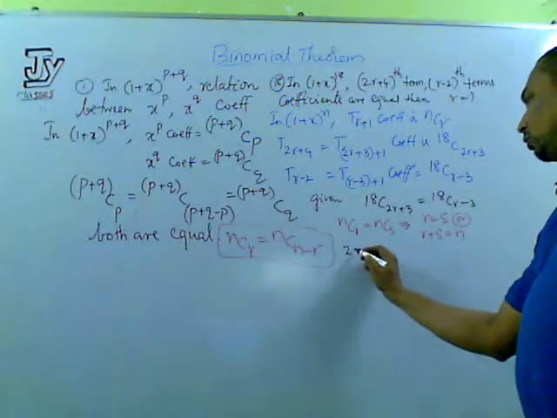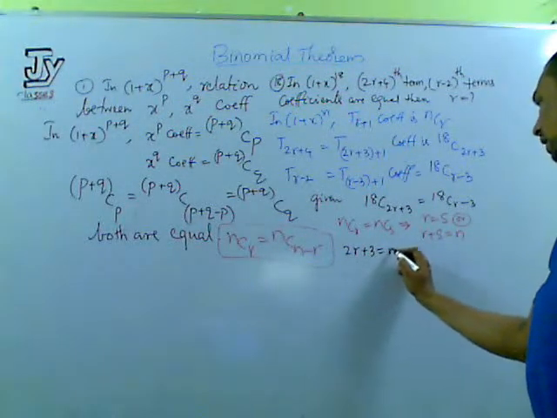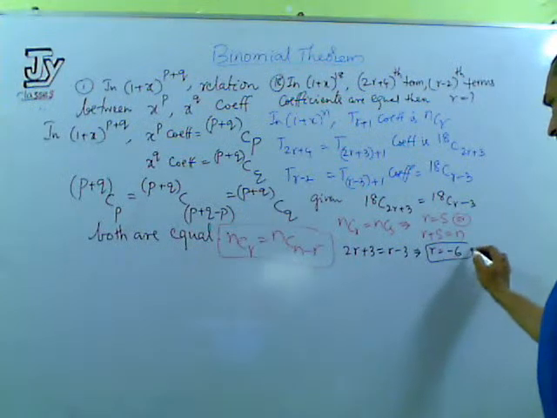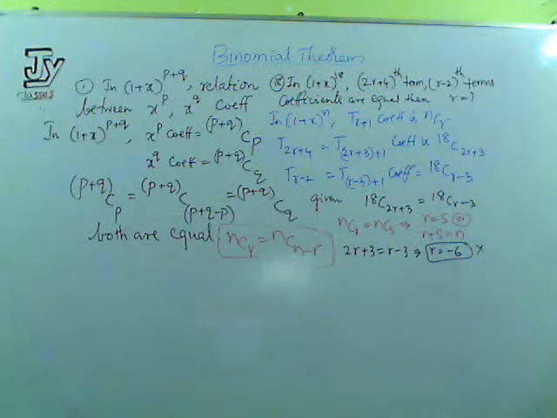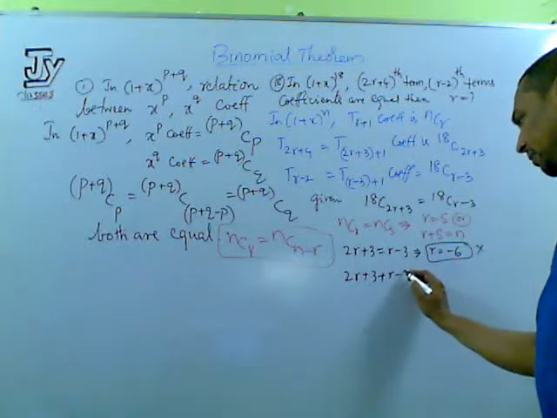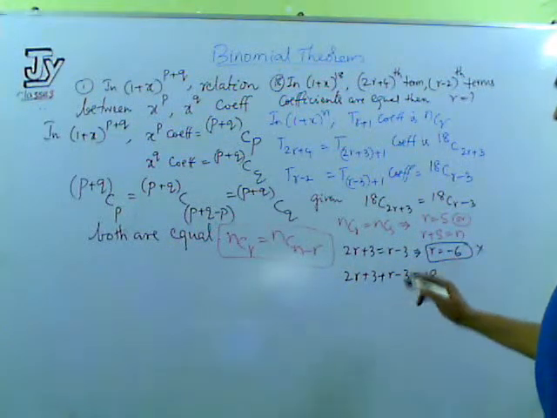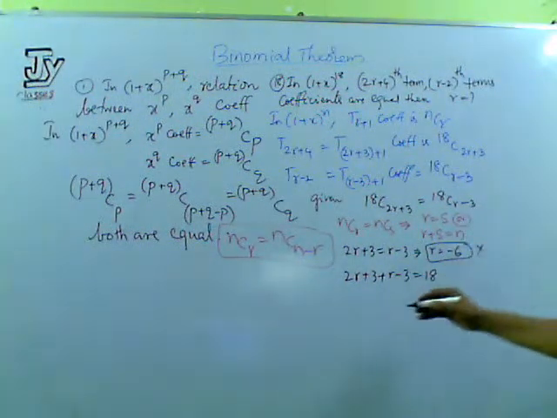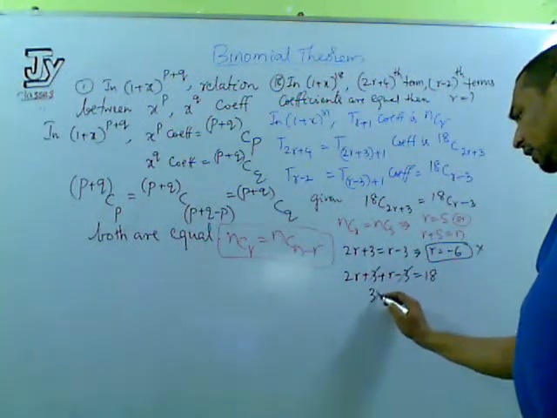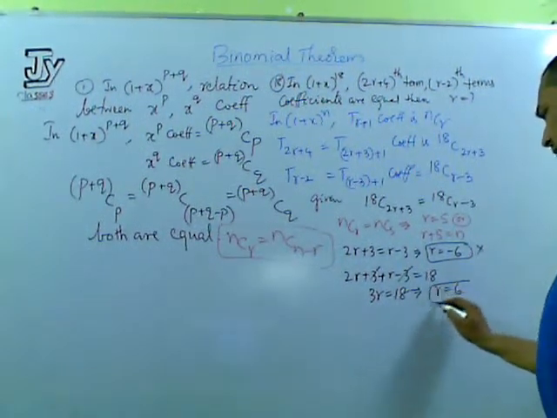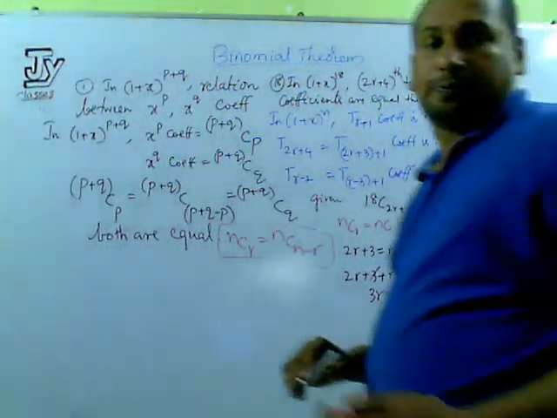Now 2r plus 3 is equal to r minus 3, then r is equal to minus 6, which fails because r should be positive. So next, 2r plus 3 plus r minus 3 is equal to 18. Then 3r is equal to 18, so r is equal to 6, which is true.